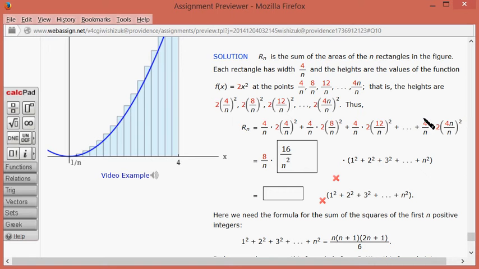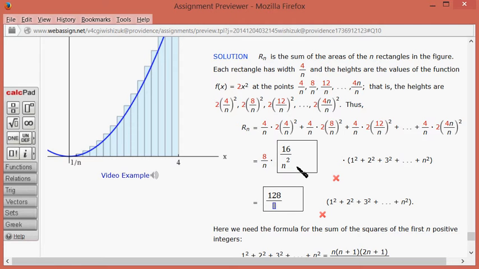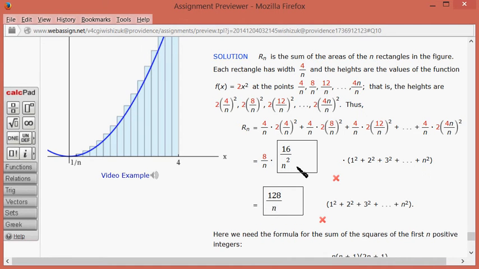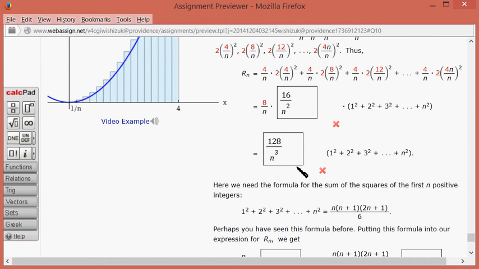Then the next step would be to combine these two. So you have 16 times 8. 6 times 8 is 48, and 1 times 8, so 128. Then you have to divide by n cubed.